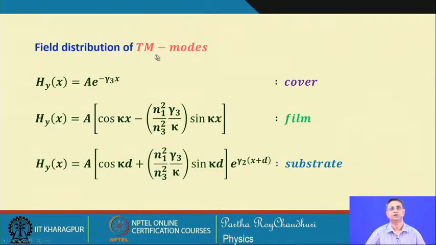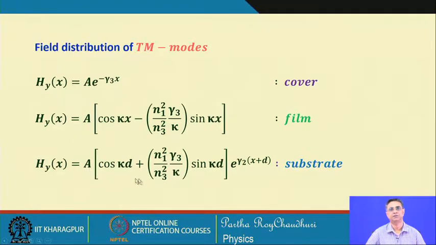The field distribution for the TM modes is also similar, but this is in terms of HY, and you have an evanescently decaying field in the cover region, an oscillatory field in the film region, which is represented by this equation, all taken care of, and in the substrate you again have an evanescently decaying field, but this gives you the strength of the field at the second interface.